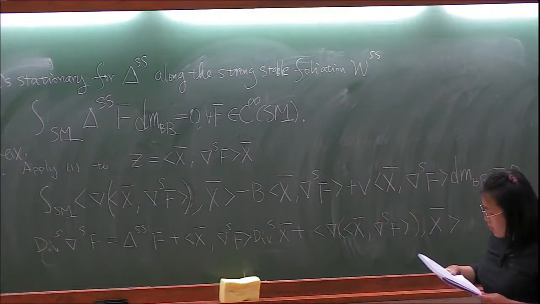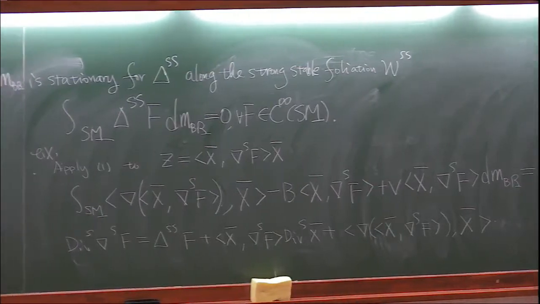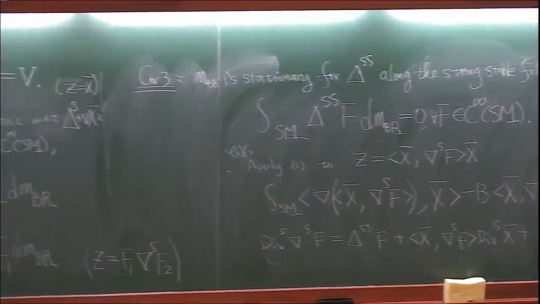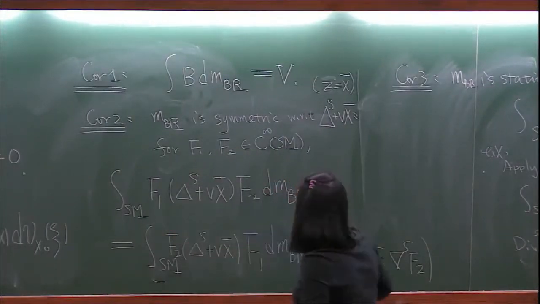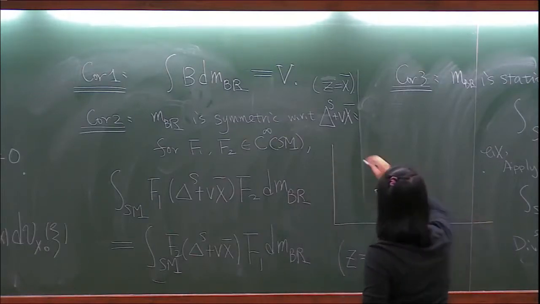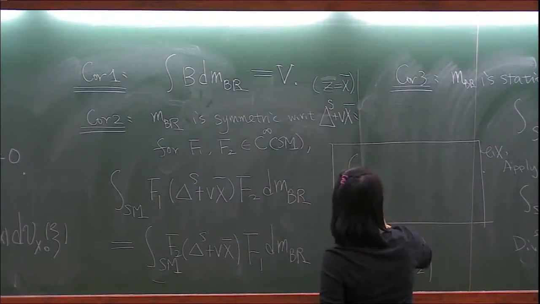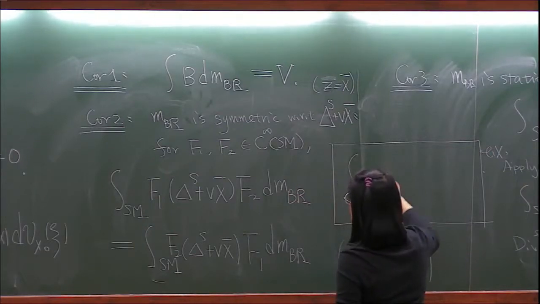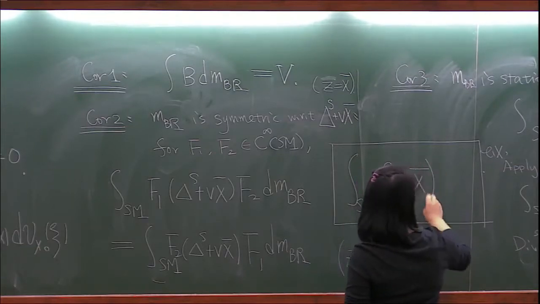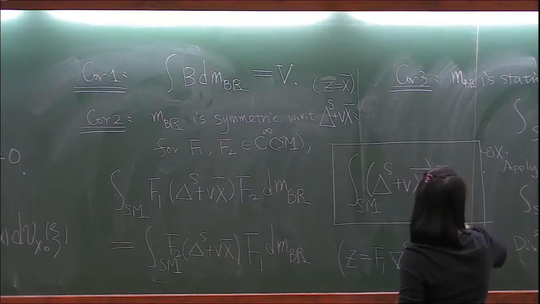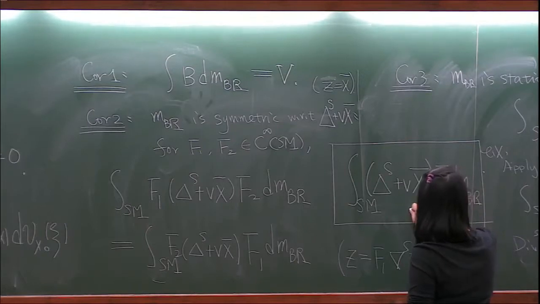Another thing here, there's a corollary too. If you apply this case to the special case where one function is constant, then you will get, we will start from here. This measure will satisfy that the integral on Sm of Laplacian S plus V x bar, applied to any smooth function on Sm, is 0.